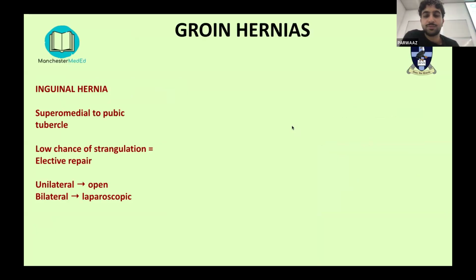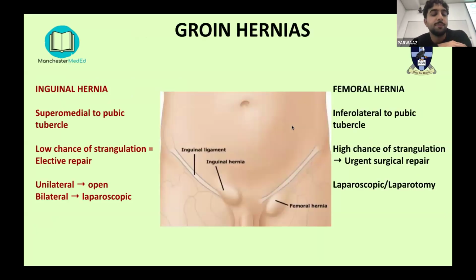So groin hernias. The main thing to remember is the location of these two because it comes up in questions a lot. So inguinal will always be superomedial to the pubic tubercle. Okay, so towards the midline. If you palpate a patient at their pubic tubercle and the lump is above and towards the midline, that's an inguinal hernia unless proven otherwise. Whereas a femoral hernia will be inferolateral to the pubic tubercle, and that is genuinely the best way to ascertain whether something's an inguinal or a femoral hernia in the groin.